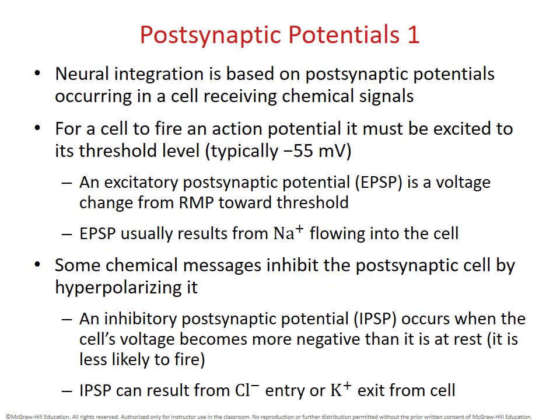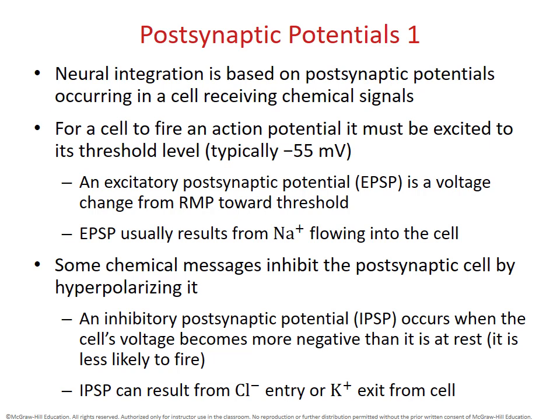So neural integration, again, is how we process information and how neurons essentially talk to each other. And it's all based on postsynaptic potentials. It's all based on what's happening in the postsynaptic cells and how those postsynaptic cells receive signals from presynaptic cells and how they respond to it.